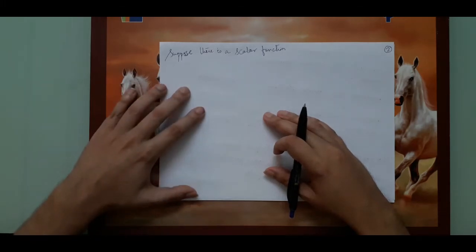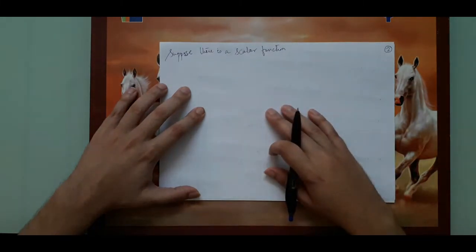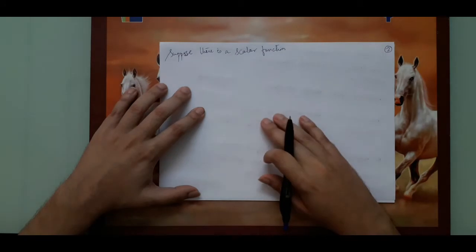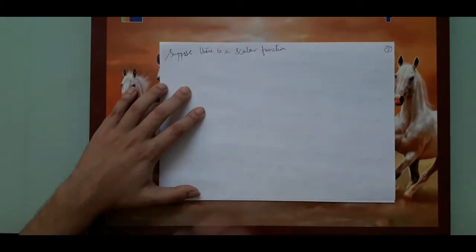Now let us say, for example, there can be many scalar functions. For example, temperature, electric potential, the distribution of charges along a surface. Let's take temperature for an example.